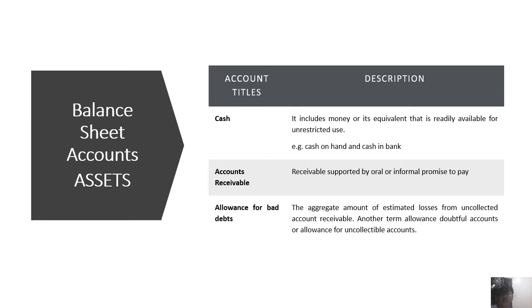It is the aggregate amount of estimated losses from uncollectible accounts receivable. Other term for allowance for bad debt is allowance for doubtful accounts or allowance for uncollectible accounts.